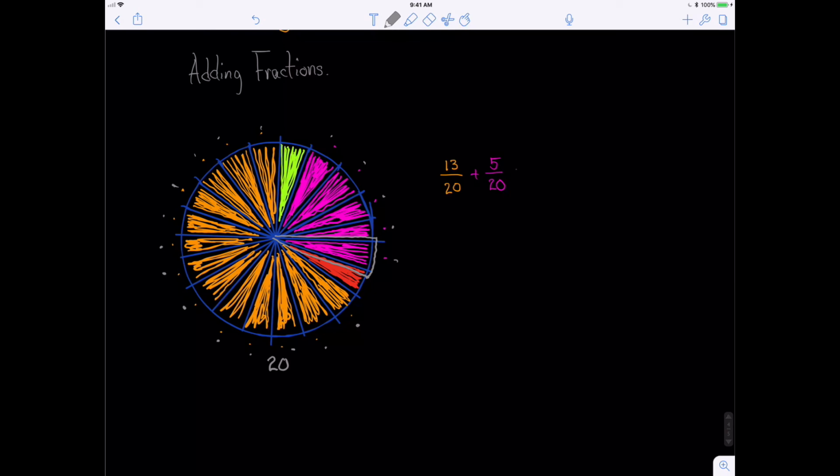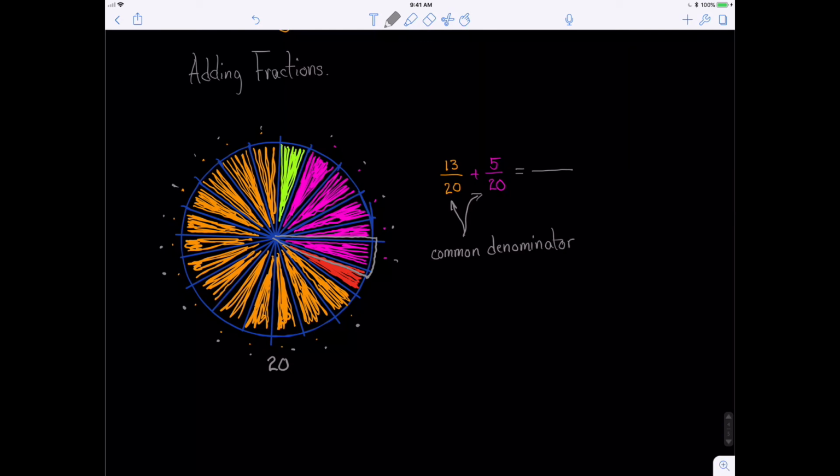So the question is how would I get 18 20ths, or 18 out of 20? Well, here's how. Notice that the denominators match. And when you're adding fractions, this has to be the case. And when the denominators match, we call this a common denominator.